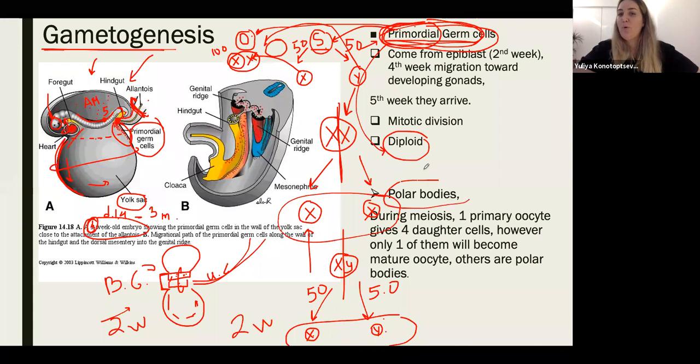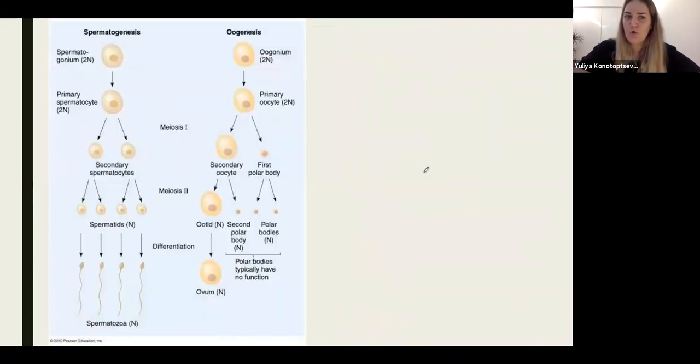There's something called polar bodies, and there's like one question, but I guess it's important. So on this picture, you can see the overview of spermatogenesis and oogenesis. Without going into too much detail, I want you to understand that in men, everything is great. Every time you see a parent cell, it gives rise to 2 daughter cells, and all of these cells are normal, functional, everything is amazing.